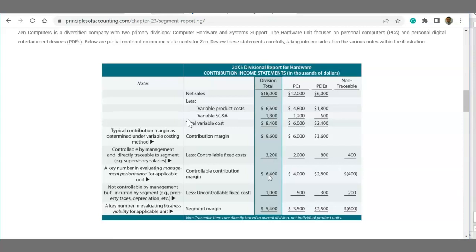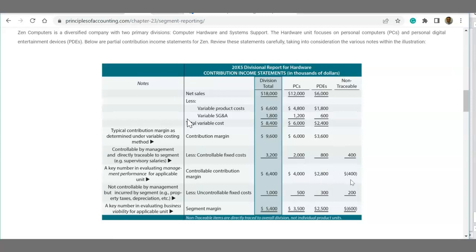So the controllable margin will be contribution margin minus controllable fixed cost. It is a controllable contribution margin of $6,400. And obviously, again, you see that the controllable contribution margin for PC is positive. Controllable contribution margin for PDE is also positive.